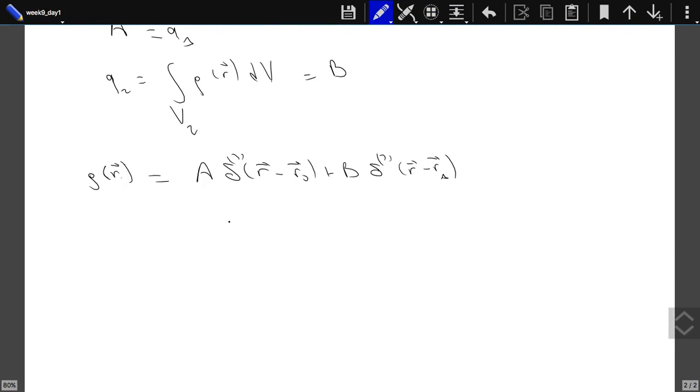A is Q0, B is Q1. So this is my volume charge density for 2 point charges, one located at R0 with charge Q0, the other one located at R1 with charge Q1.